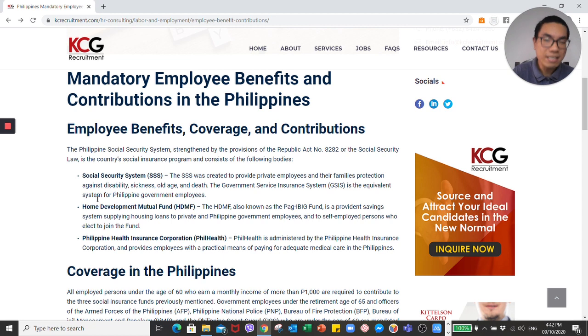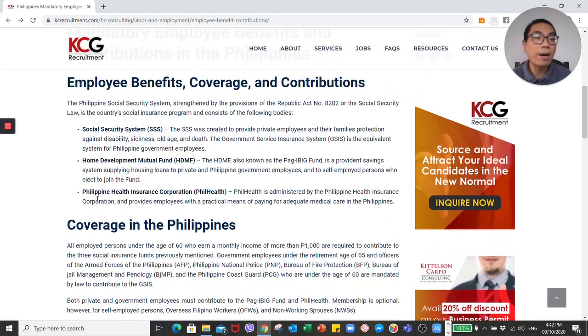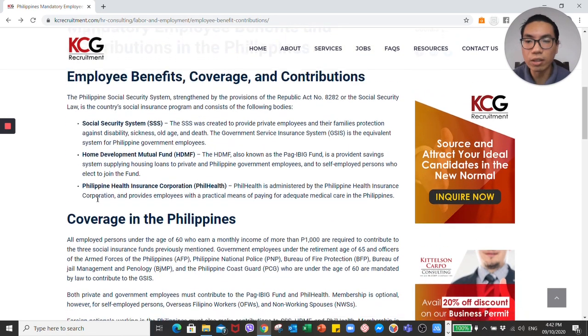Kasi malaking bawas din in terms of hospitalization bill kapag member ng PhilHealth yung isang individual, nakakabawas siya. Ayun, yun yung main or mga mandated natin na government contributions.